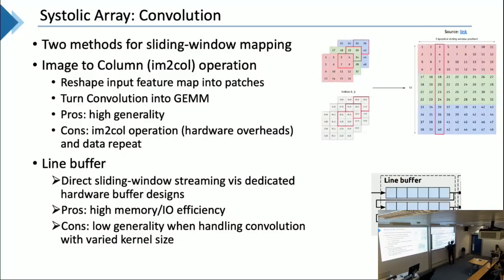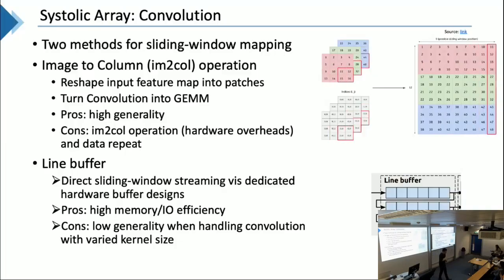So at this time, when all the data is ready, you just switch this multiplexer to make this line buffer output mode. So you just stream out these 3 lines of data in parallel. So this is line buffer. It's just a hardware design which emulates the sliding window streaming out process.